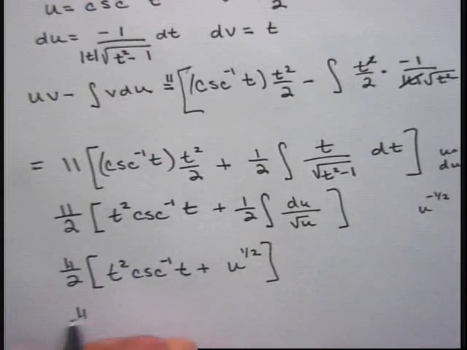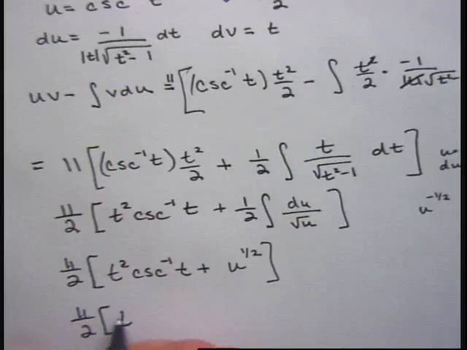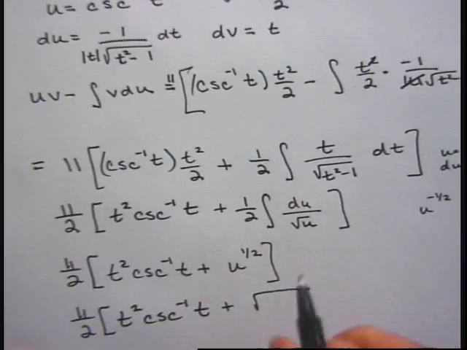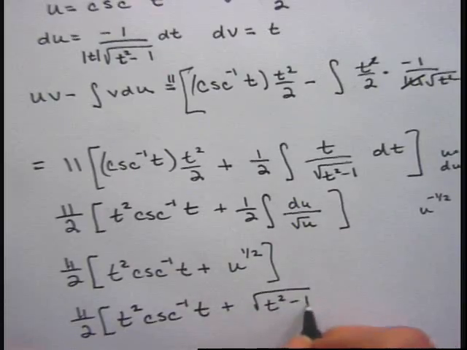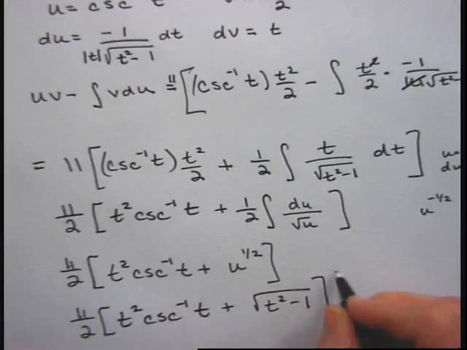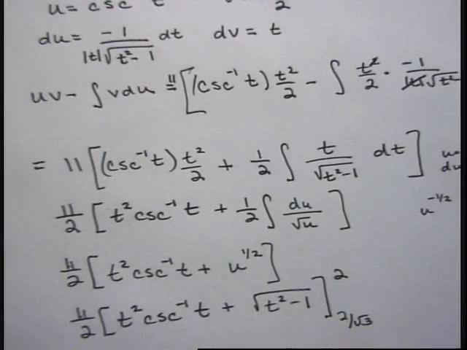So this is 11 halves times t squared inverse cosecant t plus the square root of t squared minus 1, evaluated from 2 over the square root of 3 to 2. I didn't make any mistakes.